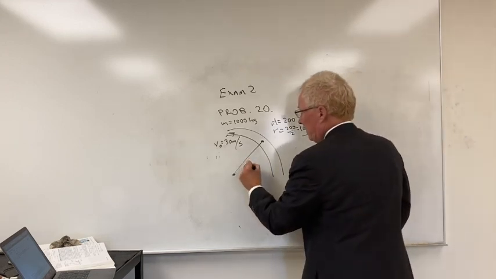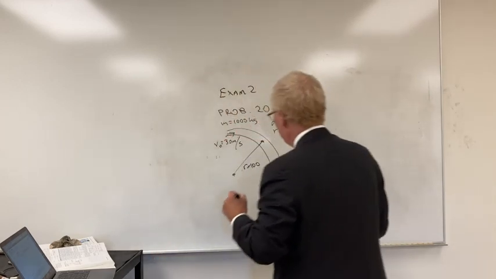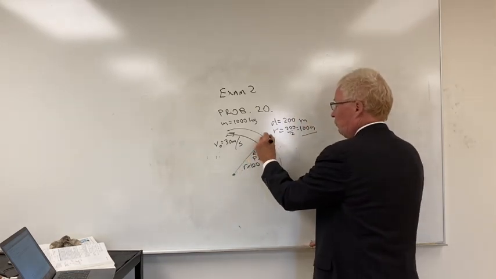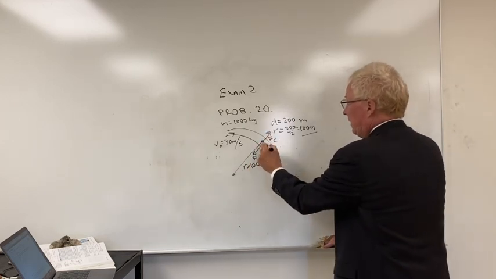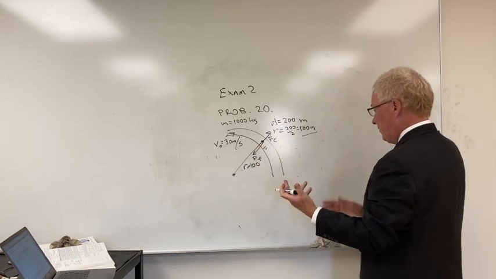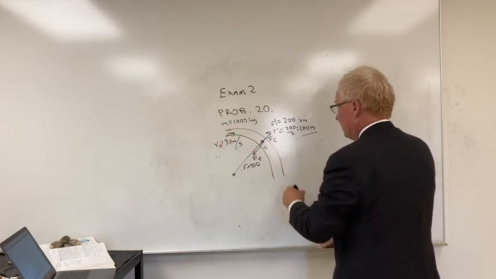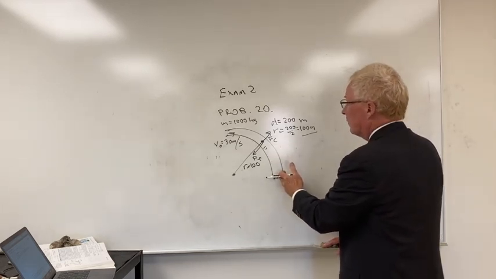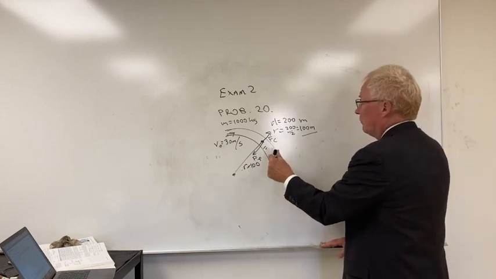So R is 100. The frictional force is pulling it inwards, and for it to stay on the road, the frictional force must be at least equal to the centripetal force. We don't know what the coefficient of friction is for this road, but we could calculate that.